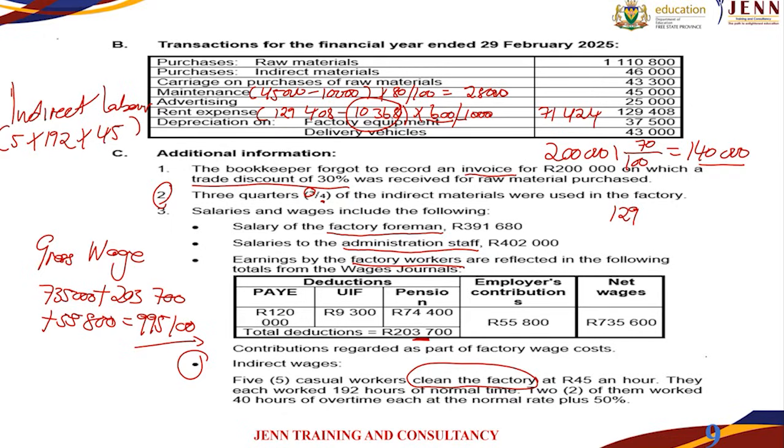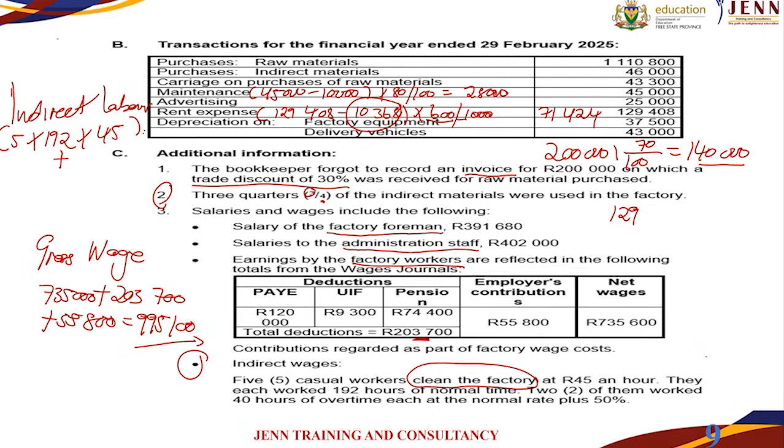And then that is not only the payment that we have to do. When you read the information, it says 2 of them worked 40 hours of overtime each at the normal rate plus 40%. It means apart from this payment that we are going to make here, we still have to pay another 2 of them who have worked for overtime.